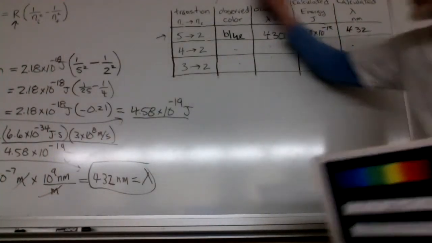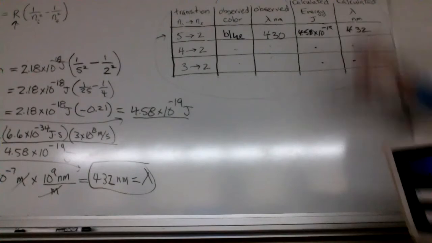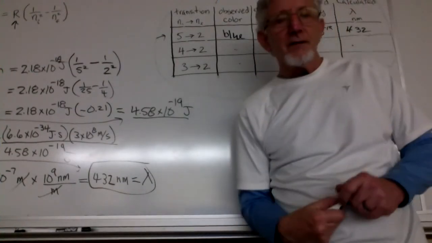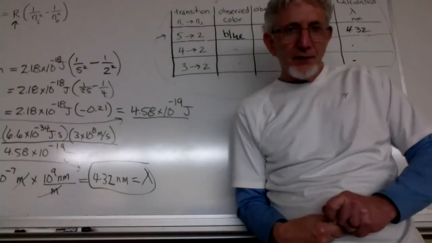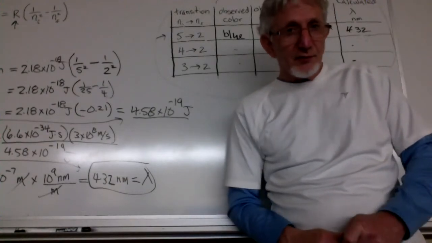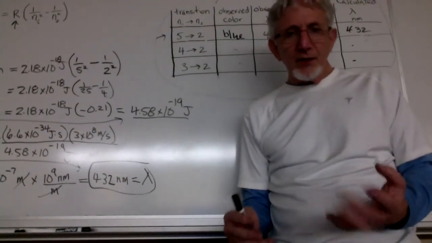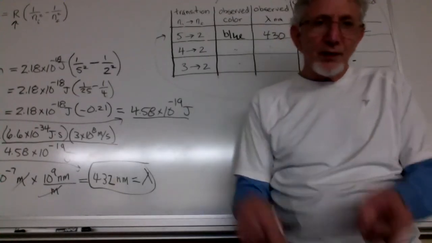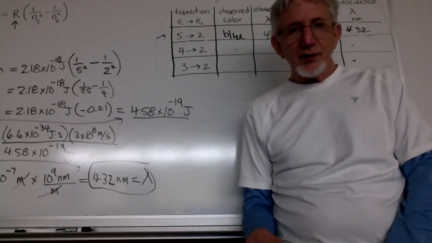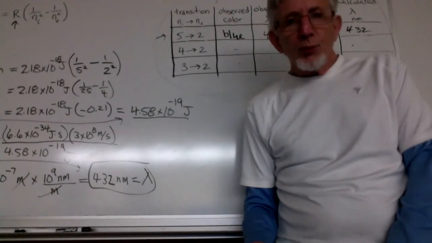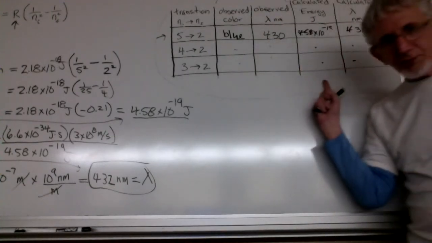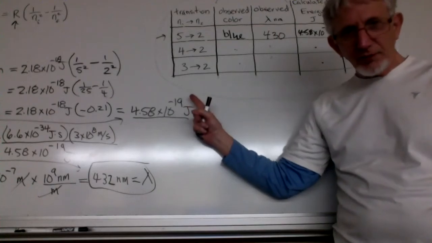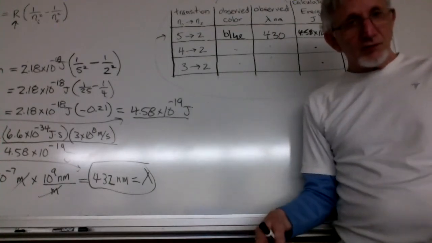And based upon the results that you generate for this table, you're then going to make an evaluation of the ability of the Bohr model to predict what nature does. That's what good theories do. A good scientific theory allows us to predict and explain what nature does, what matter does. And if Bohr's model, the predictions from his equations, predict what we observe physically, experimentally, then we would say it's a good model.